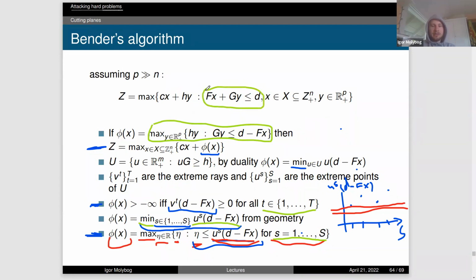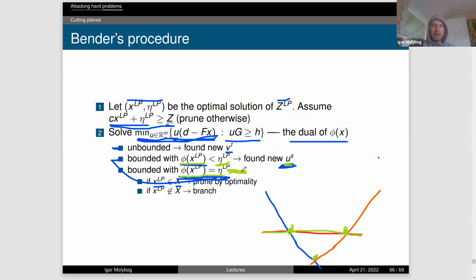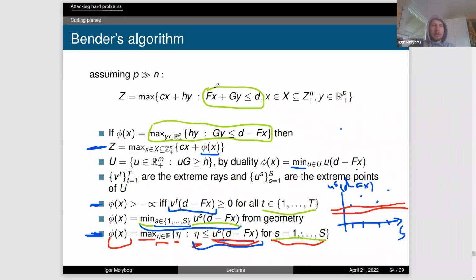So this constraint is being described exactly, and by the time we have got here, we are describing our set of inequalities fx plus gy less than or equal to d precisely. But this set capital X still can be described with some imprecise formulation.